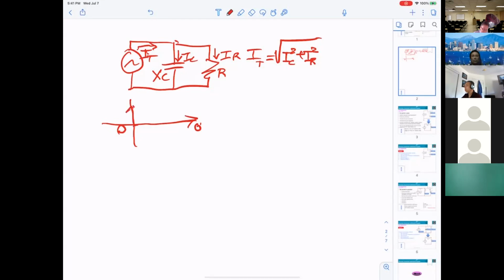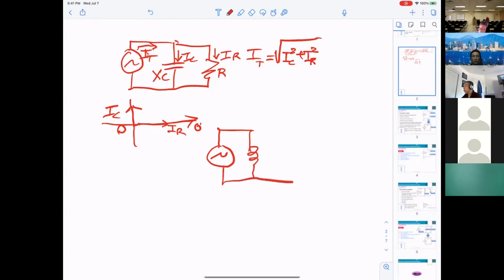That will be IC, IR. And then you can take the same circuitry and turn it into the inductor, IL.